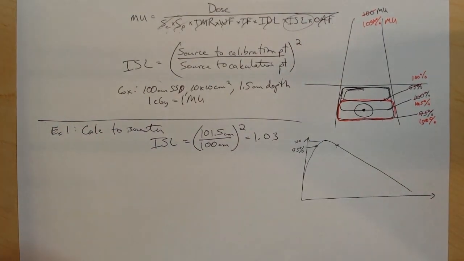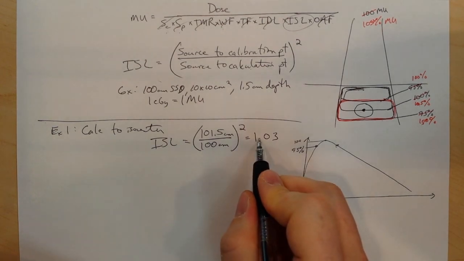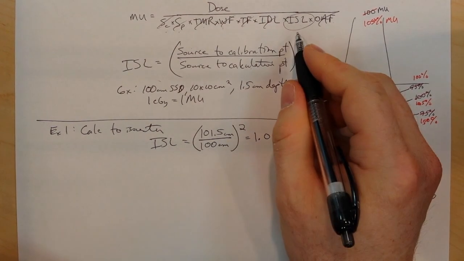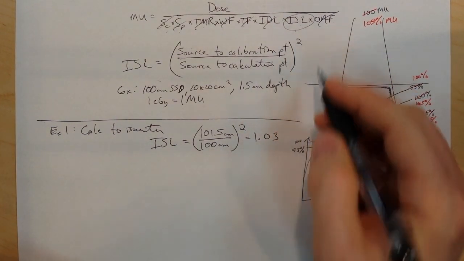So you get 1.03. So my inverse square law factor is 1.03.